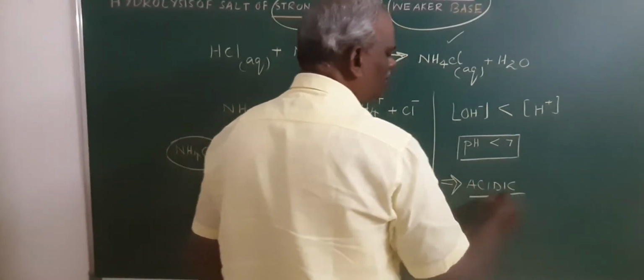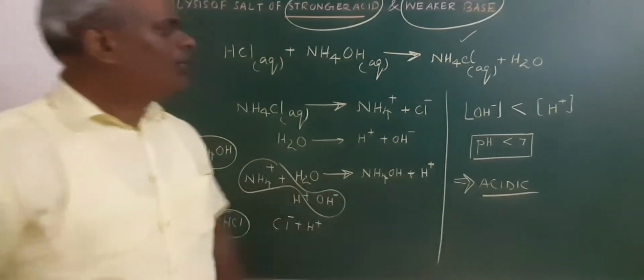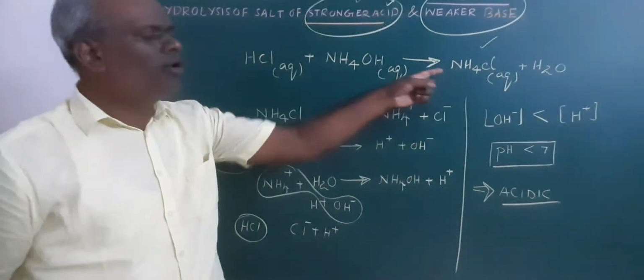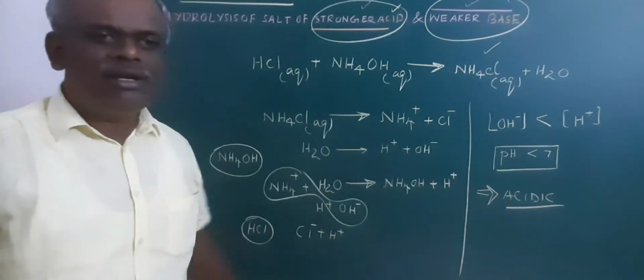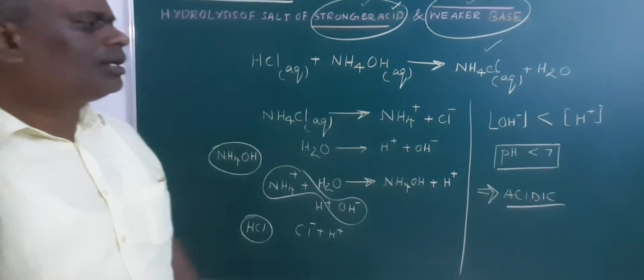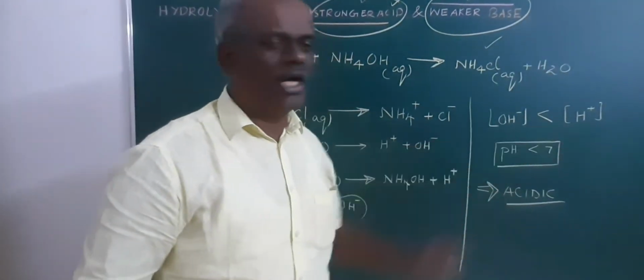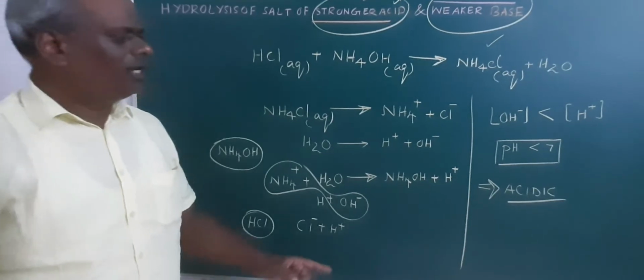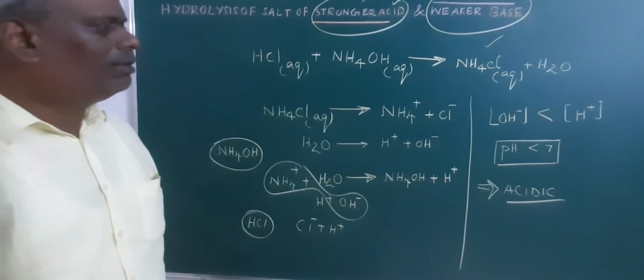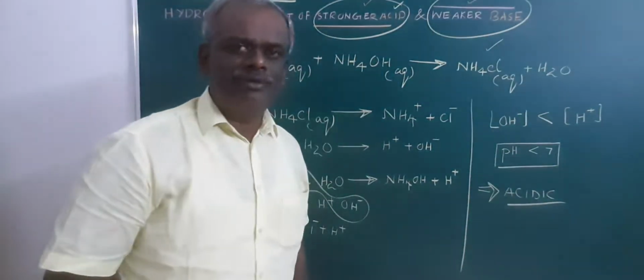Which solution is acidic? The solution obtained from ammonium chloride. Ammonium chloride solution is acidic in nature due to the presence of excess H plus during the hydrolysis. Okay, now how to calculate the pH value for this particular solution?